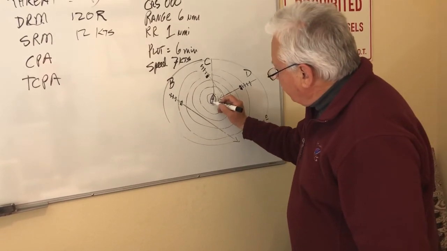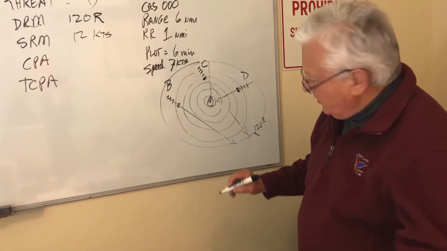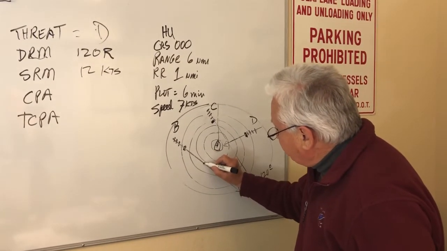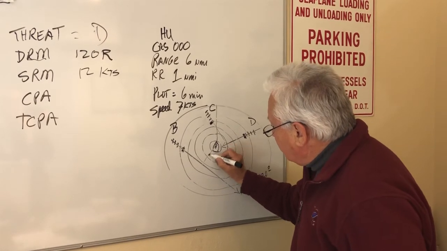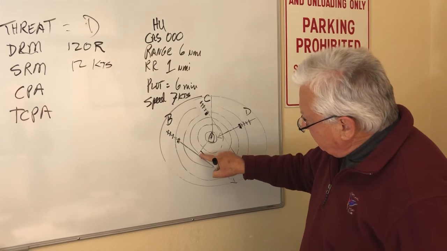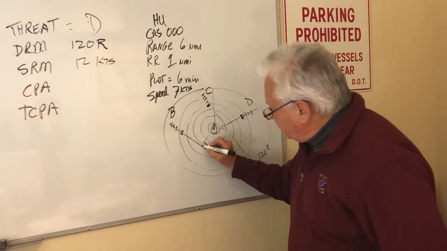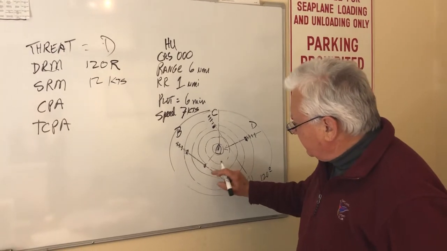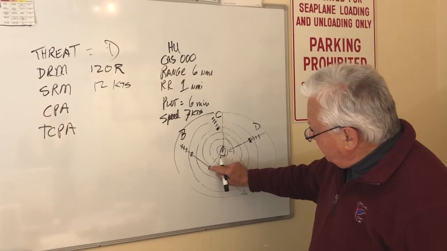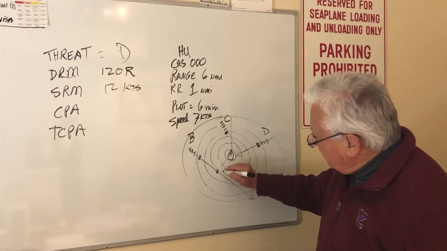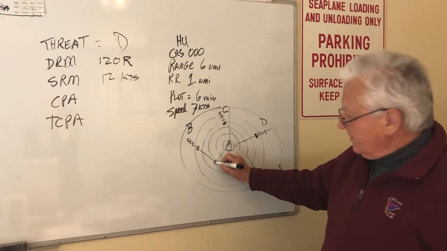But the point of its closest point of approach is where this line here is exactly perpendicular to us. So you need a 90-degree angle right here, and at this point right here is its closest point of approach. So you need to be exactly, this line has to be exactly perpendicular to us. That is CPA.